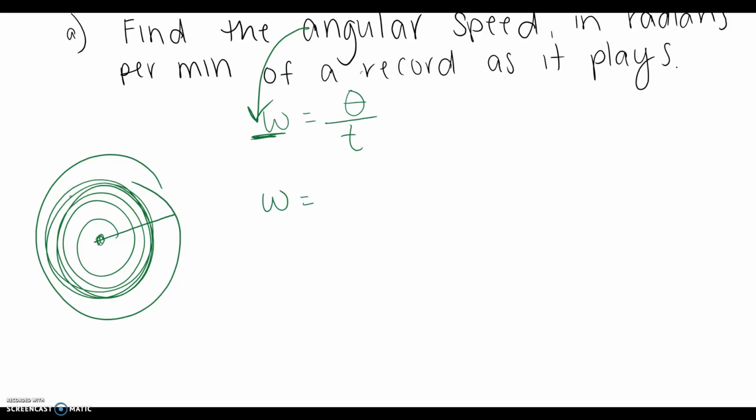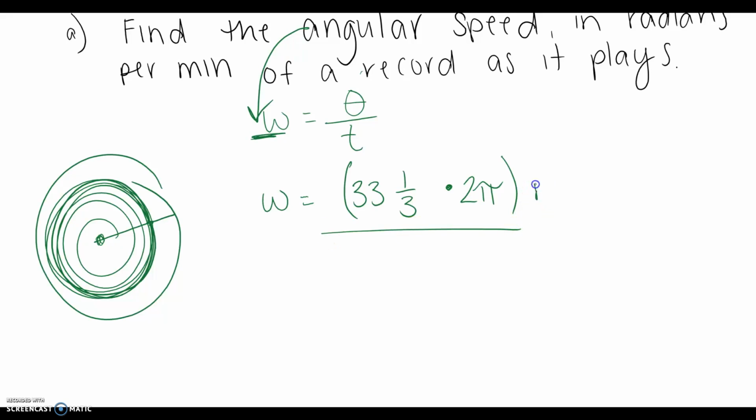We're doing radians, so one revolution is going to be 2 pi. So if I multiply 33 1/3 times 2 pi, that's how many radians in 1 minute.